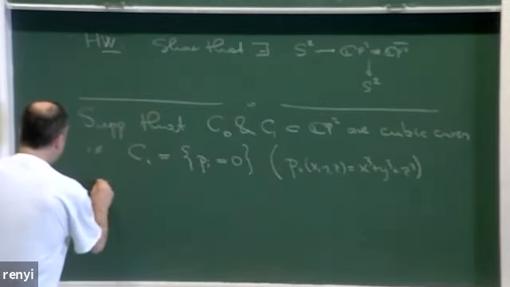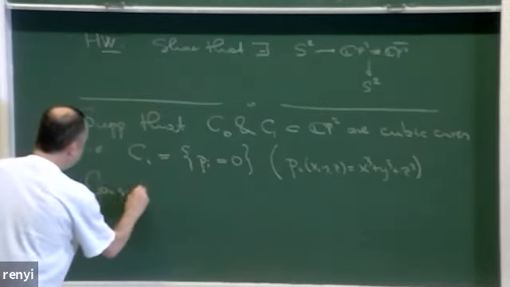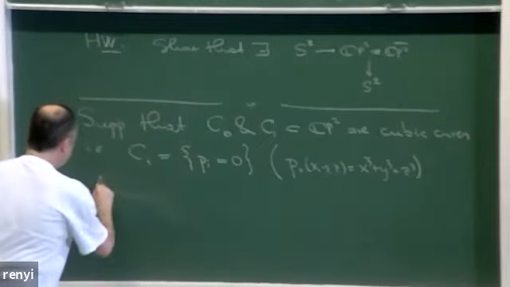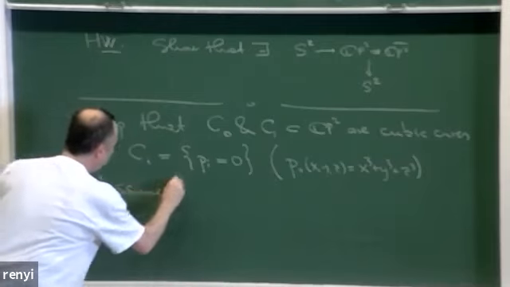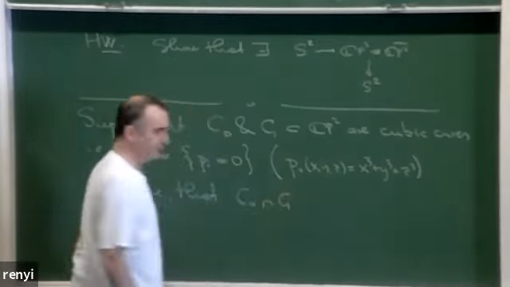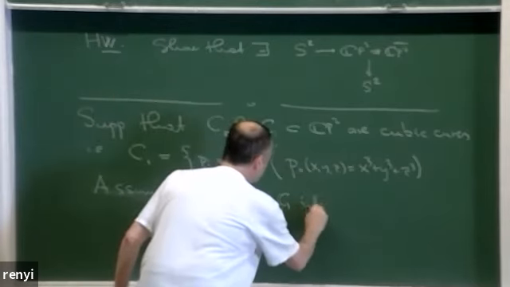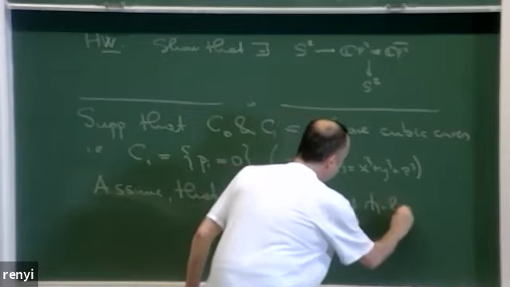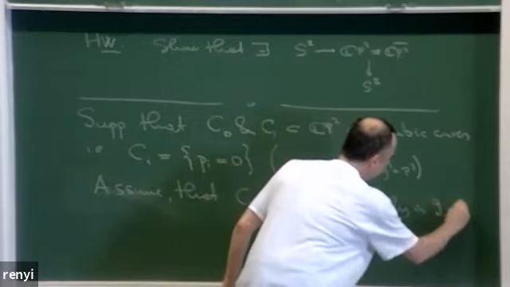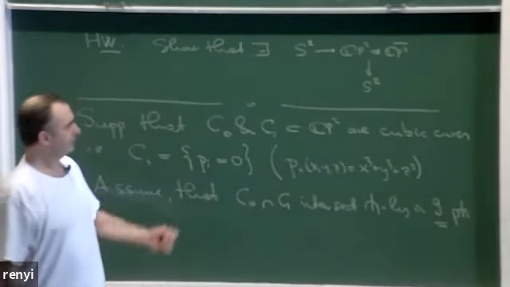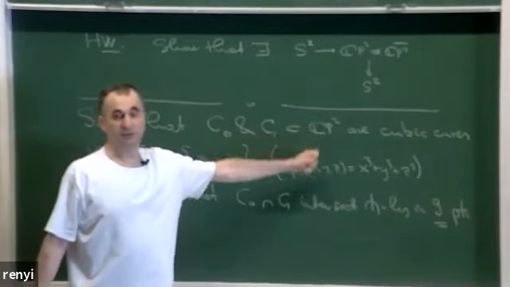And so assume that C0 and C1 intersect transversely in 9 points.